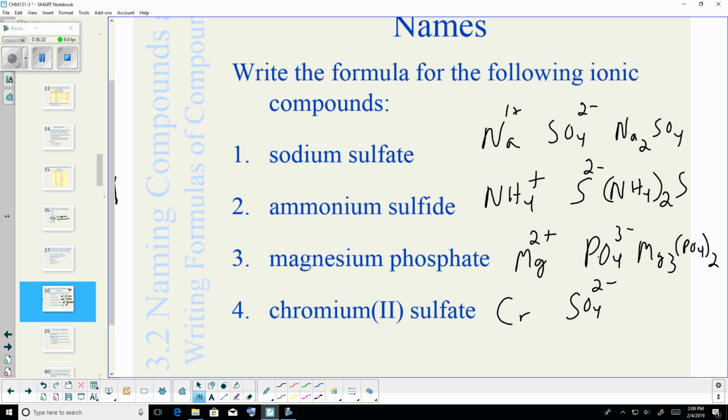Yeah, this tells me it's 2. So the formula is? Yep, CrSO4.